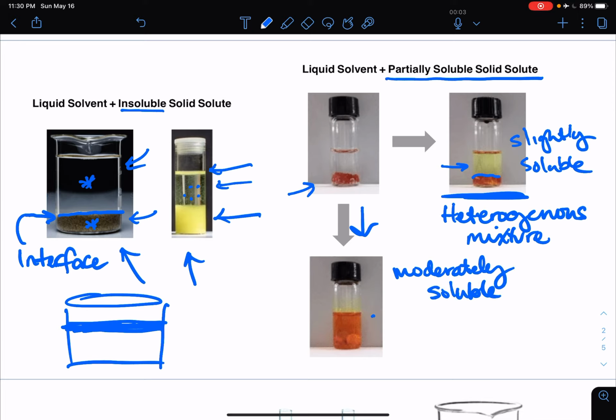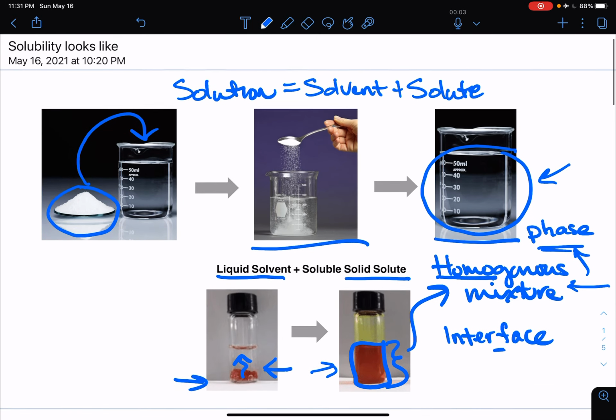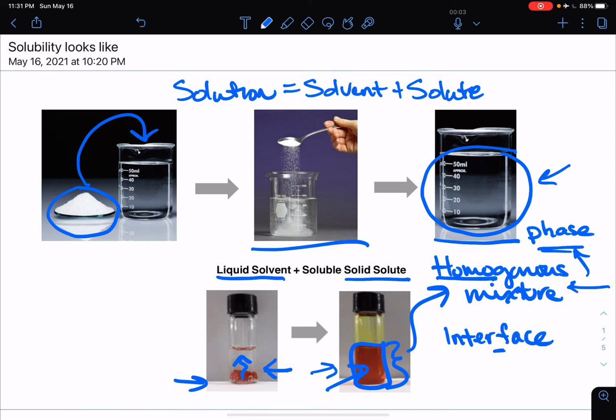Well, it might look like this right here, where more of it dissolves up into your clear colorless solvent, but you can still see your orange solid down there, and you can still see that interface right there. And more of it dissolves up into that liquid solvent. So you can see that the mixture above is more orangey than what we had up here, but it isn't as orange or dark orange as right here.